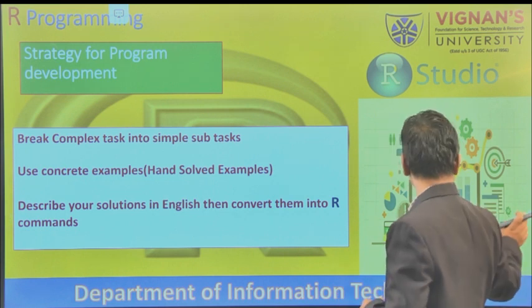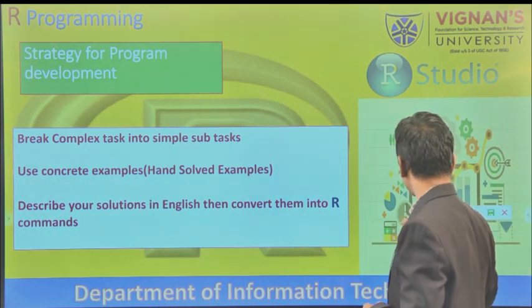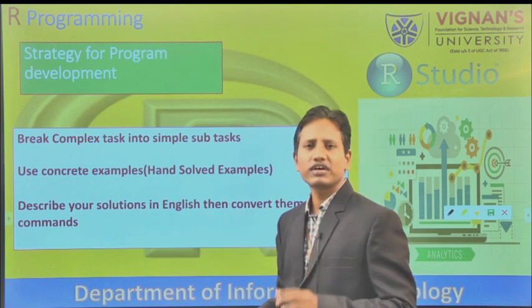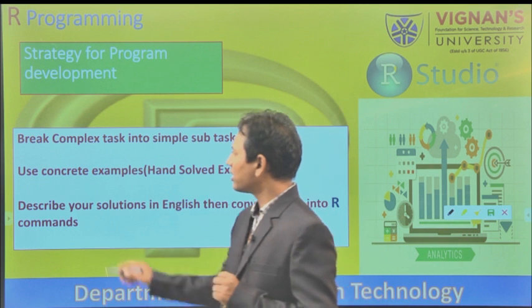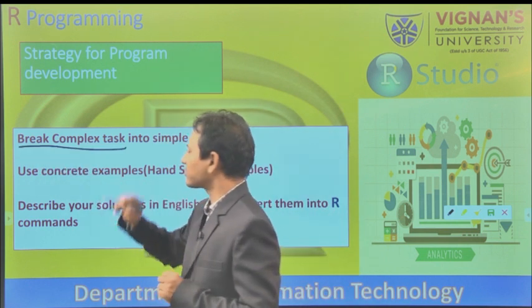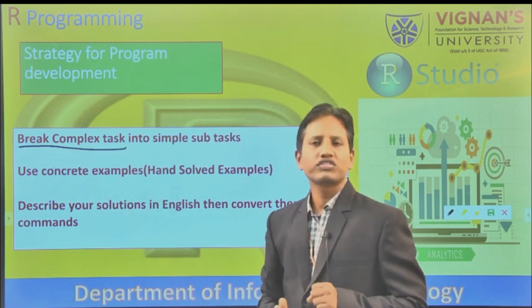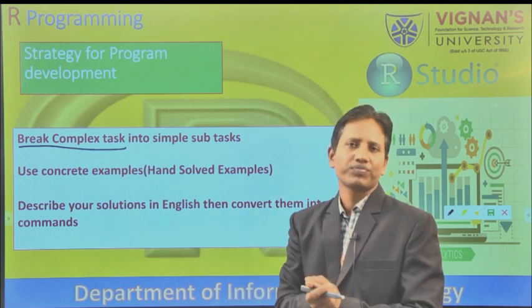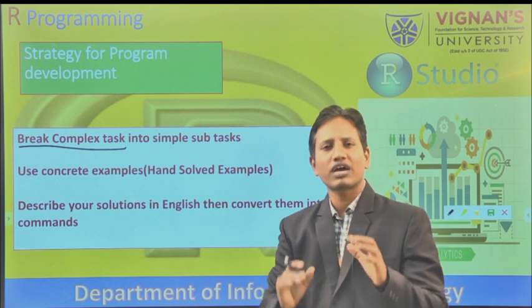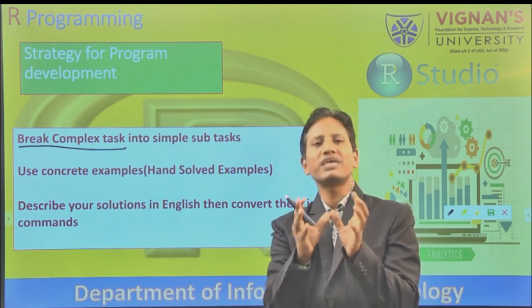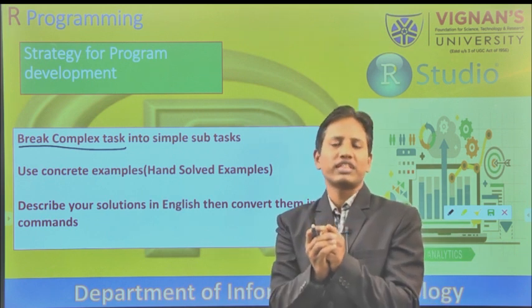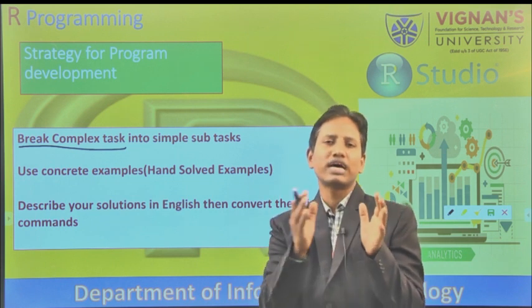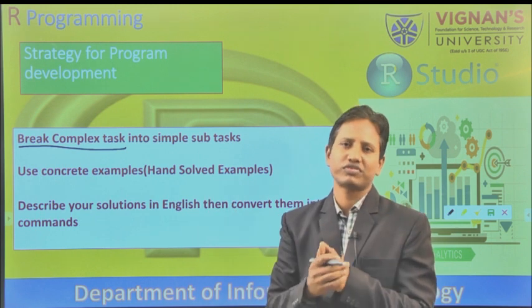Come to this program development strategy. This strategy says the first point is: break the complex task. Suppose we have taken one particular task, and if that task is a complex one, it comprises many conditions, then what we have to do is first break that into simple conditions or simple steps.